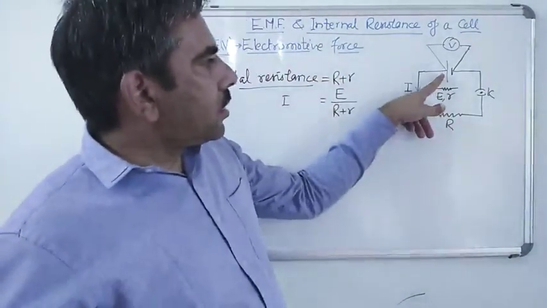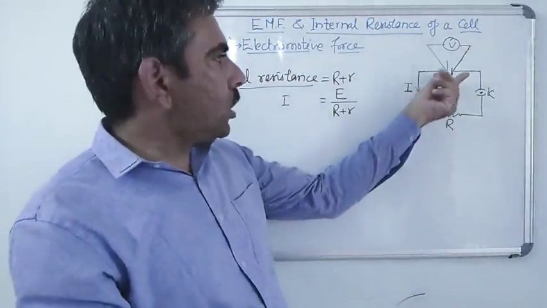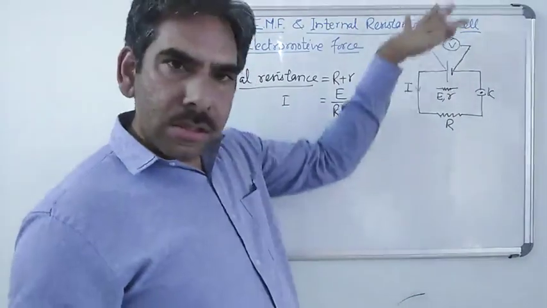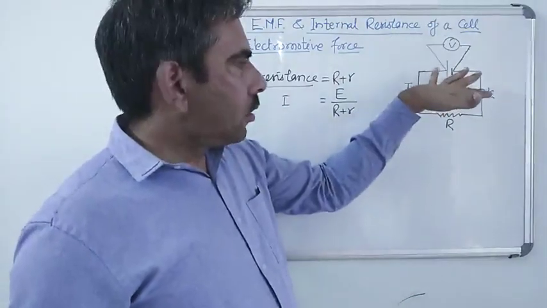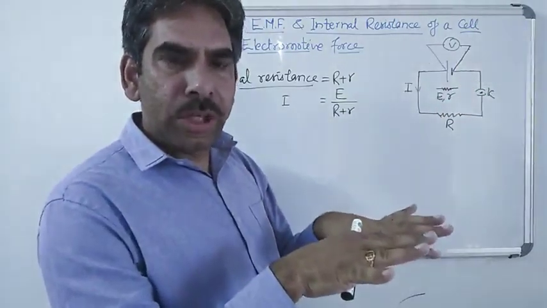there is some fall in the potential difference across the two terminals of the cell, and this smaller potential difference is now across the two terminals of the cell.